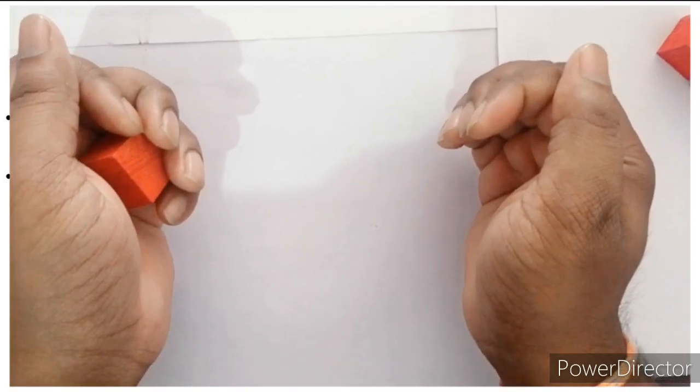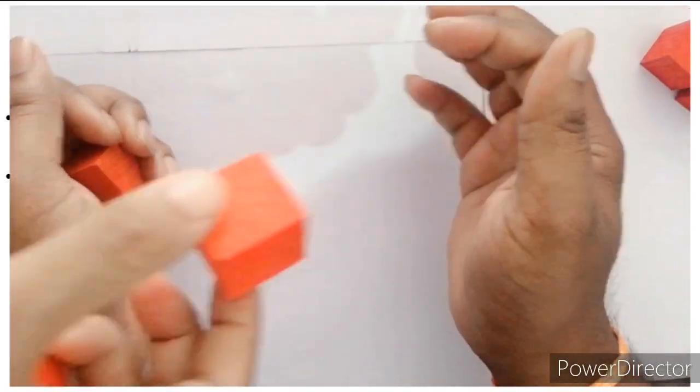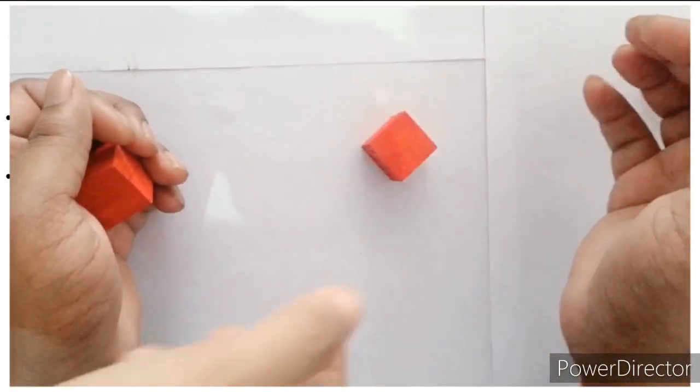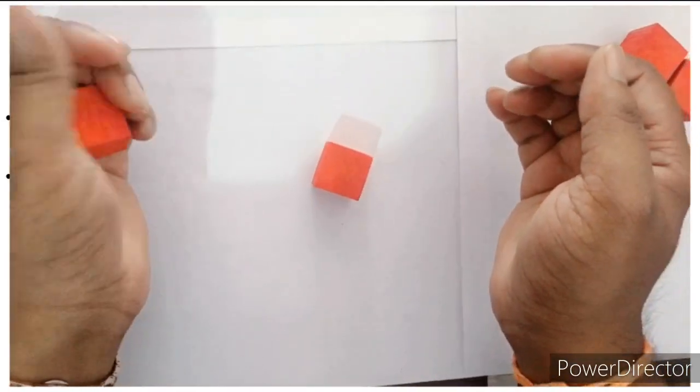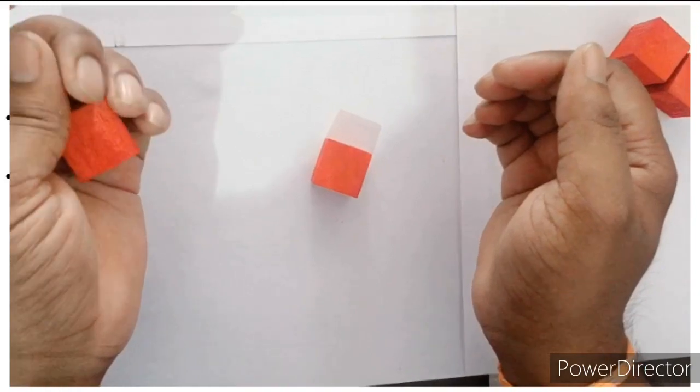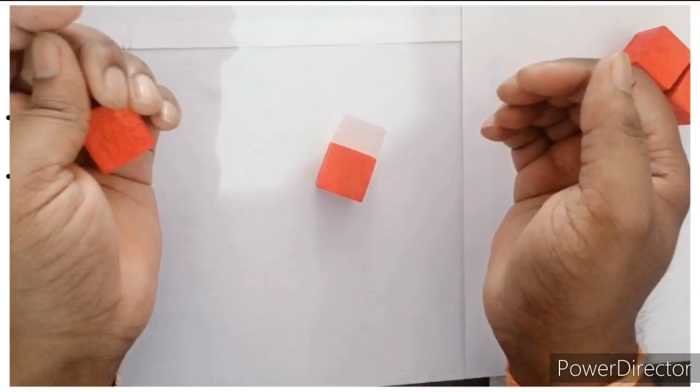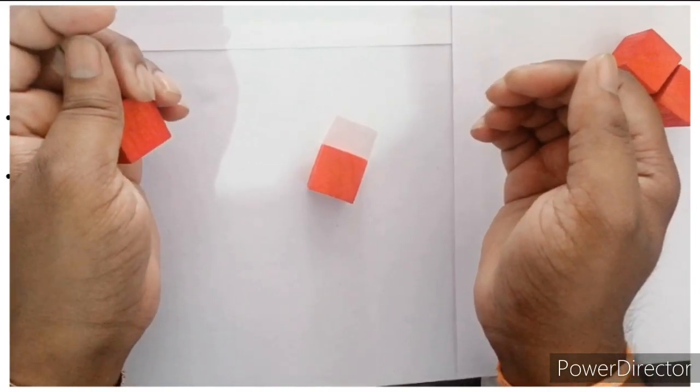If we give a second cube, the baby drops the first cube in the 6th month, and in the 7th month the baby holds both cubes together, and in the 9th month the baby tries to compare both cubes.